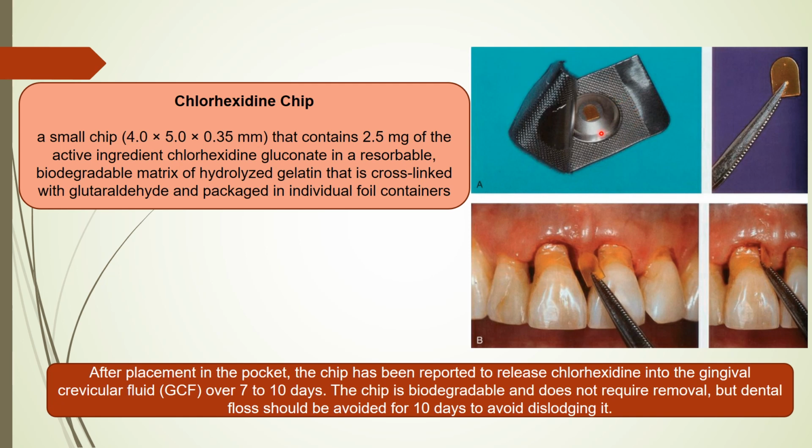It can be taken out with tweezers or artery forceps and placed inside the pocket. The chip has been reported to release chlorhexidine into the gingival crevicular fluid over 7 to 10 days. Since it is biodegradable it does not require removal, but dental floss should be avoided for at least 10 days to avoid dislodging it.